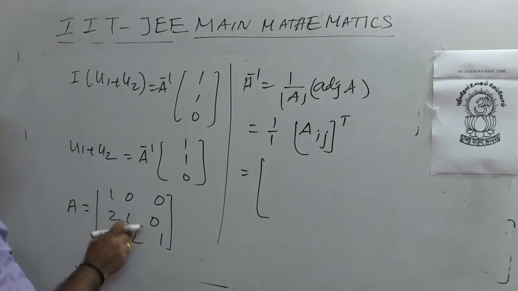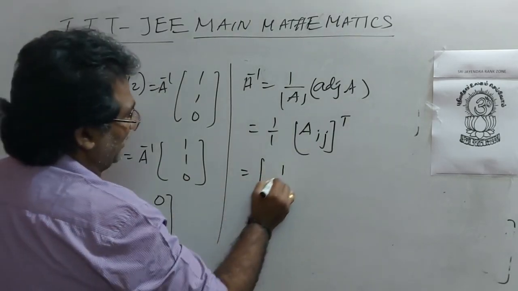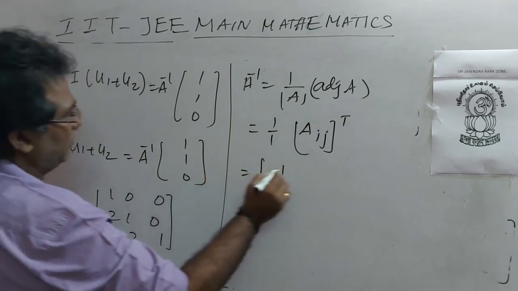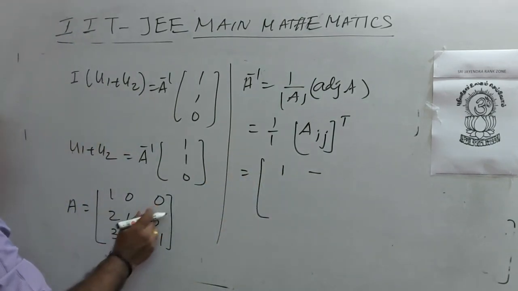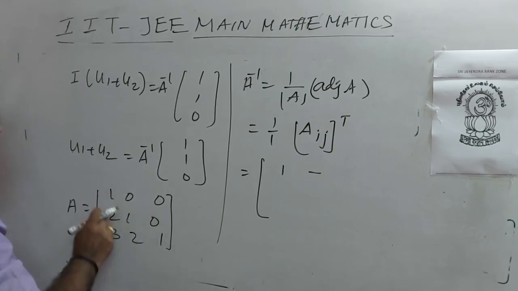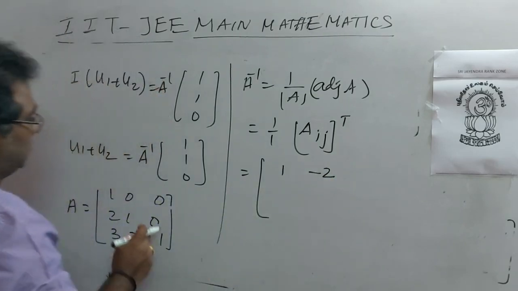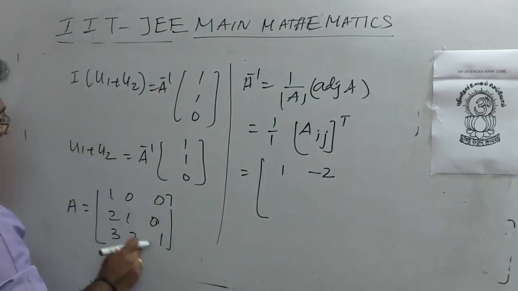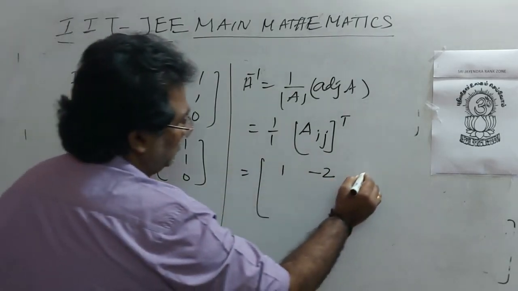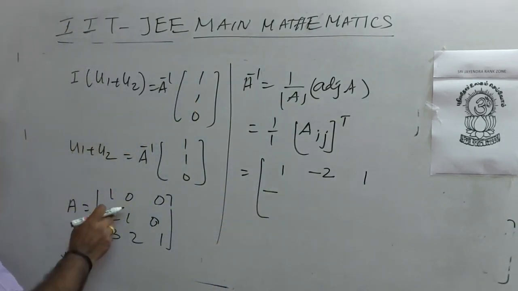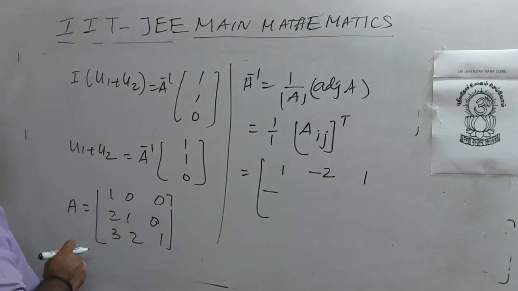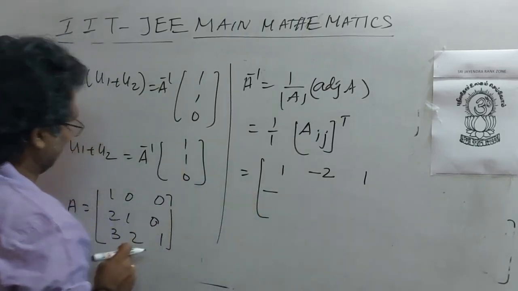For this cofactor, 1 minus 0 is 1. To find the cofactor of this, you take the minus sign downward, leaving out this column and this row. 2 minus 0, that is 2, minus 2. For this one cofactor is 4 minus 3, that is 1. For this first you have to put a minus sign because it is second row, first column. So it is preceded with a minus sign.